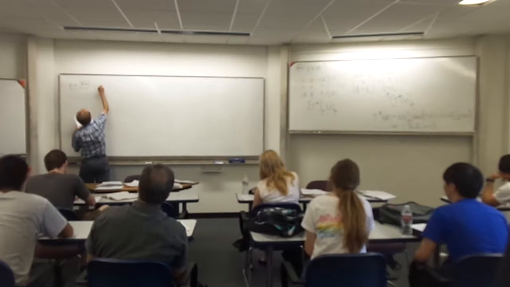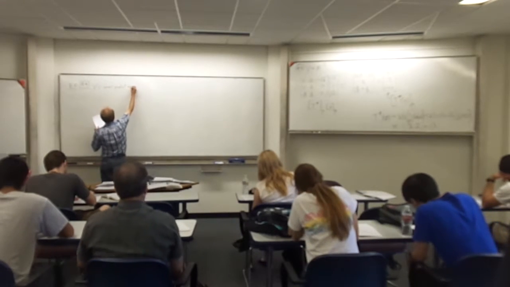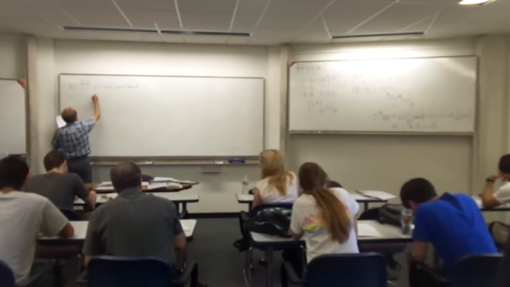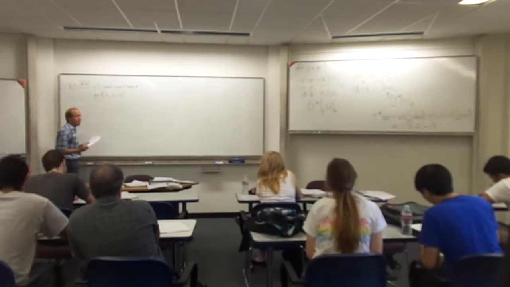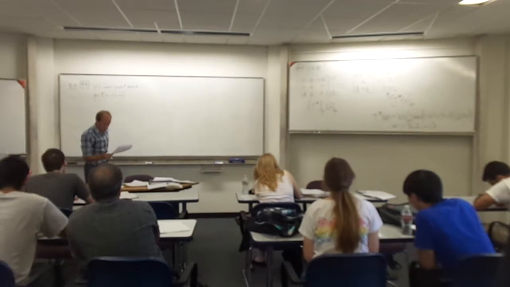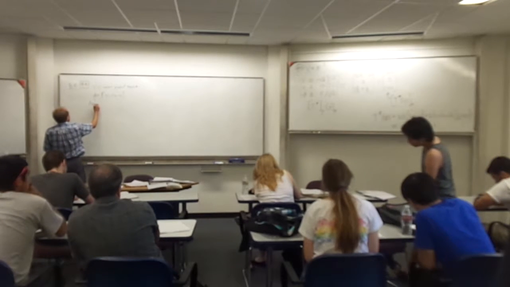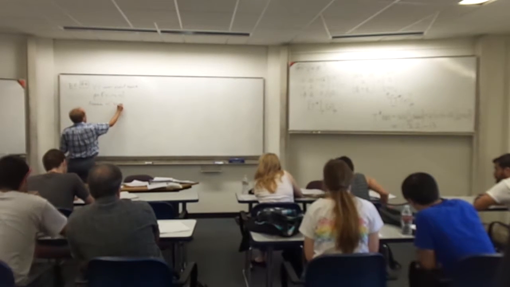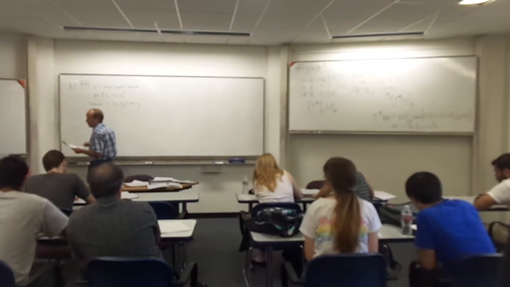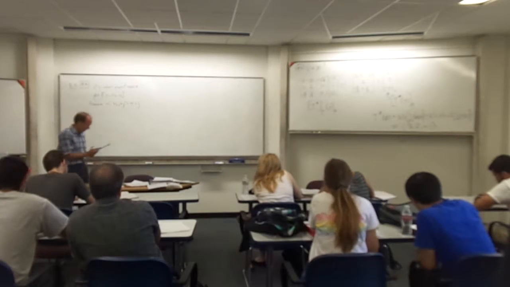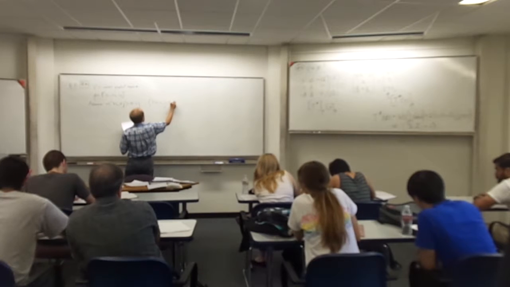So V is again an inner product space, and beta is a basis. Let's say it's got 3 vectors in it, so of course that means the dimension is 3. Okay, and assume that the inner product of vi with vj is equal to i times j whenever i and j are between 1 and 3.